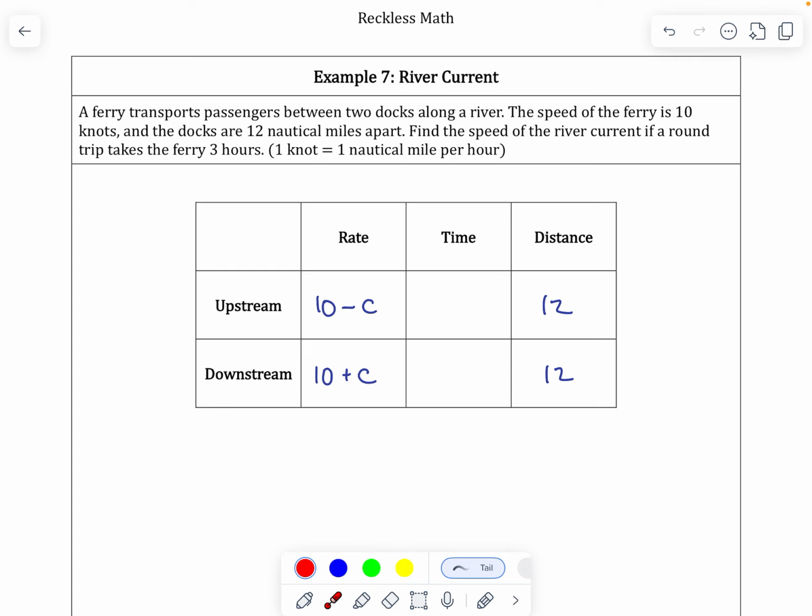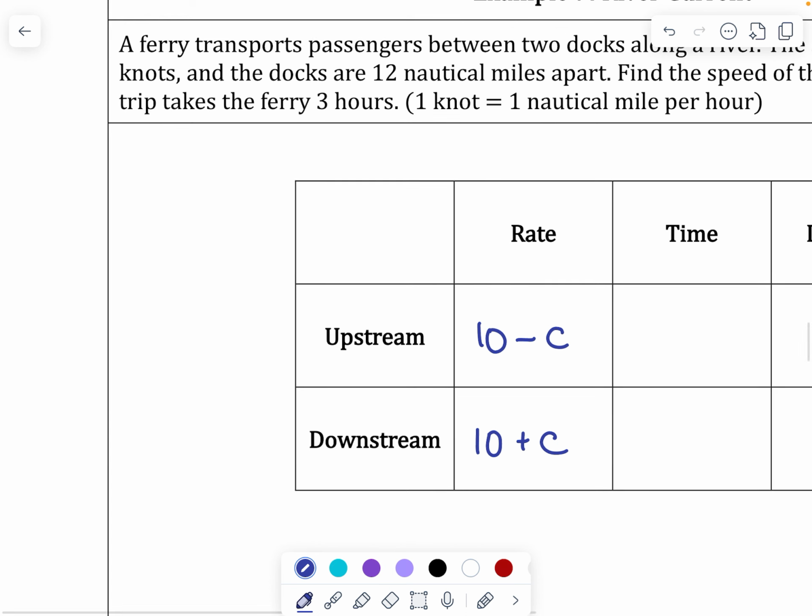So here's how we're going to set this up. You are familiar with the formula distance equals rate times time. But we need a different perspective of this. I'm going to divide both sides by the rate, and this is going to give me that time equals distance divided by rate.